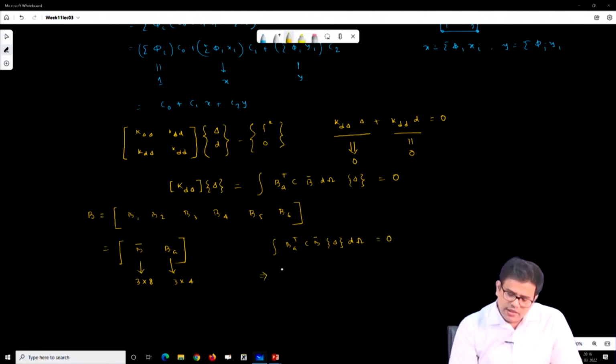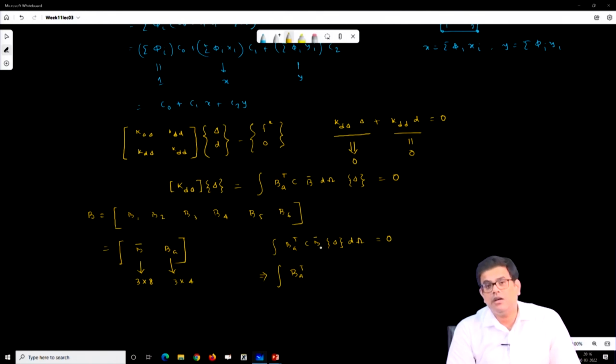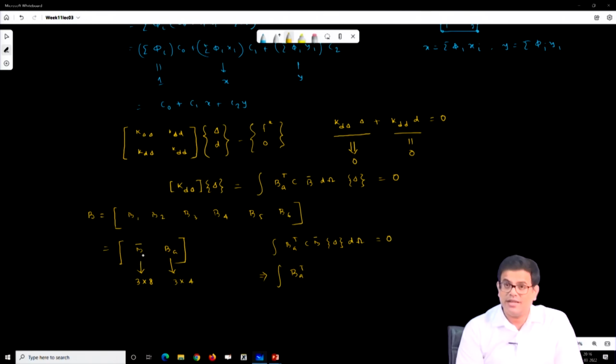Here B is the standard B matrix, which is a 3 cross 8 matrix. Now this is nothing but your stress vector, so I can write it like this: B A transpose sigma equals to 0.